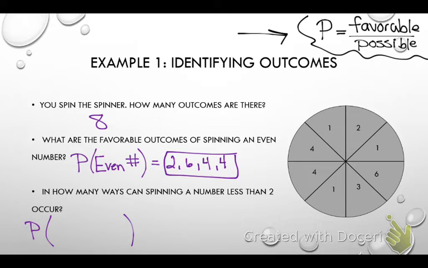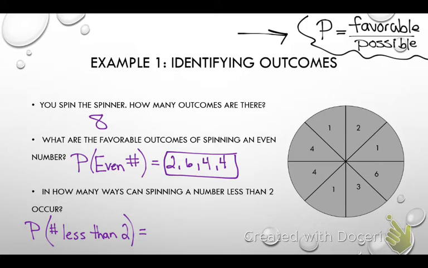Probability of what? Probability of a number less than 2. All right, equals, all right, how many ways?